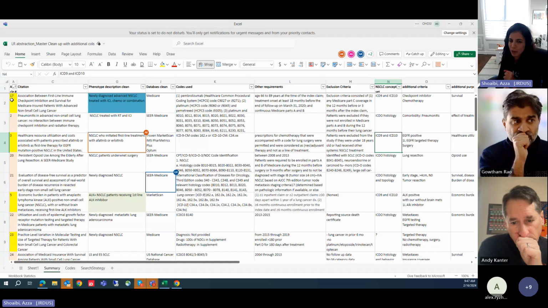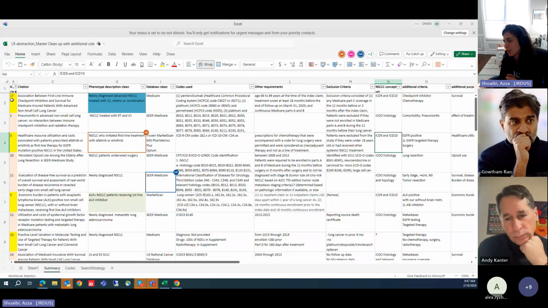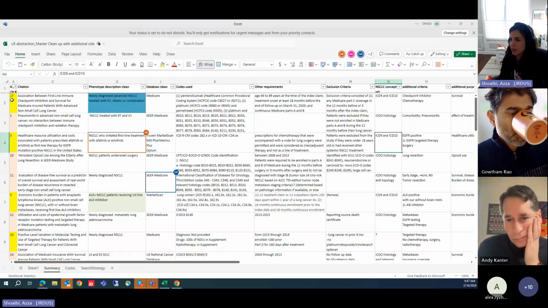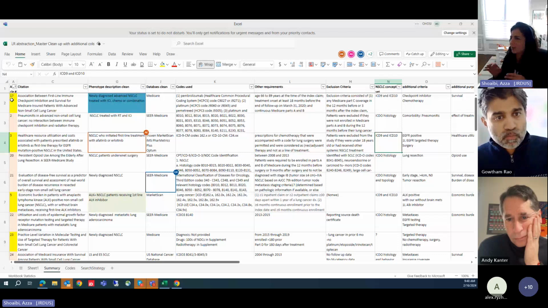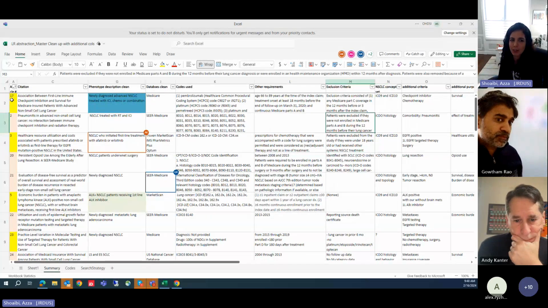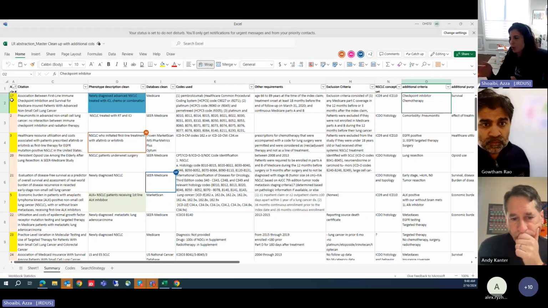There are two sorts. It's not only the codes they use, but also some logic, because some papers said you have to have two codes, some papers said you only have one, some papers said it has to be inpatient, some papers said it has to be two outpatient. So those are the common ways phenotypes differ. But among those, by definition, it's always going to be an inclusion criteria, because you look at the treatment and then within those, you limit to the people who have those lung cancer codes with a particular frequency and in a particular setting.